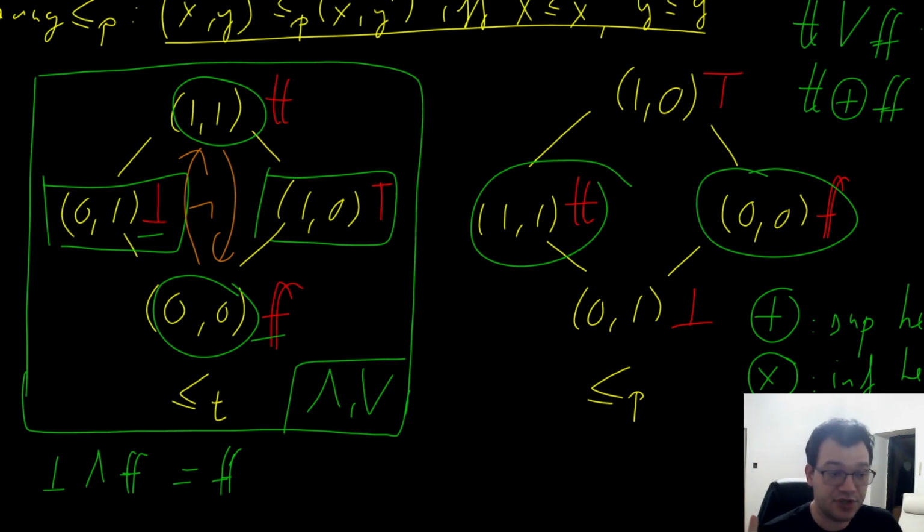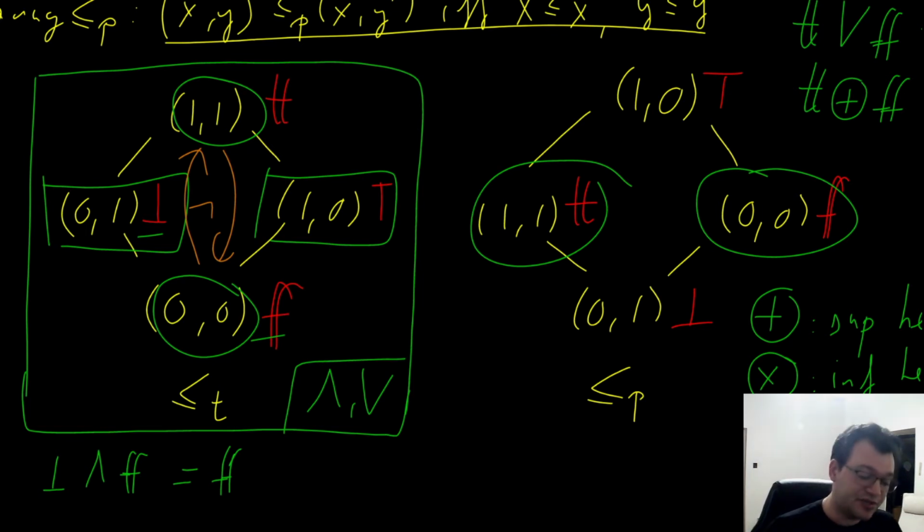There are many options here, of course. But if you think about these pairs as intervals, then if you know that a variable can be either 0 or 1, then the negation of this variable can also be either 0 or 1.